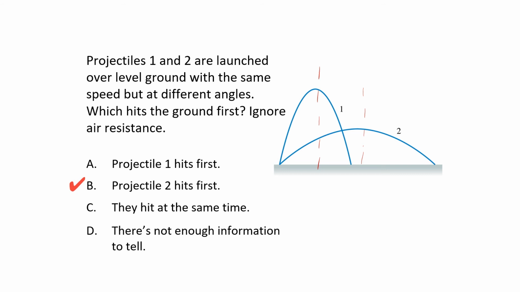Projectile 2 is half the height, and if we assume that our velocity y is equal to 0 at the peak, which it is, and we just look at that snapshot of the last half, then we know that the change in y is equal to 1/2 gt squared. And yes, there is a negative sign here, so you can put a negative here because your change in y is actually negative.